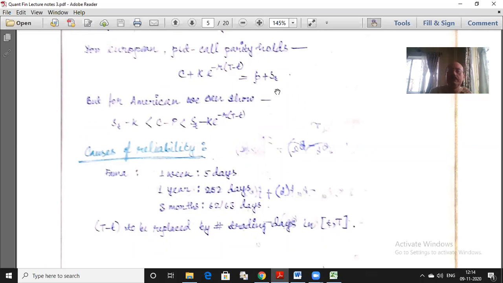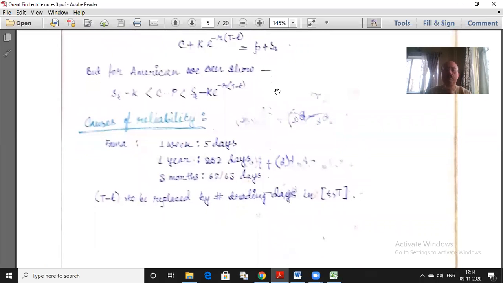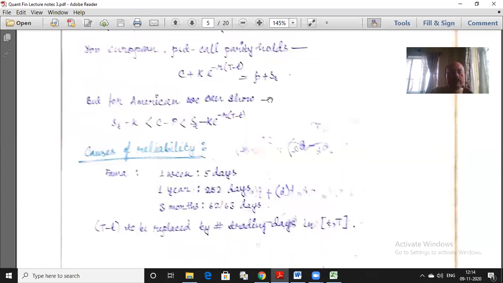For American options, we don't have this because there are multiple opportunities of exercise, but a related result is still available. This is now capital C and capital P. You can show that the difference between the call and the put price is bounded between these quantities.